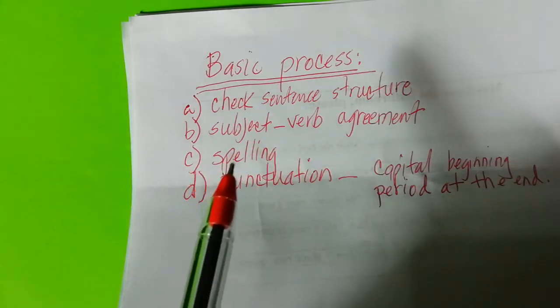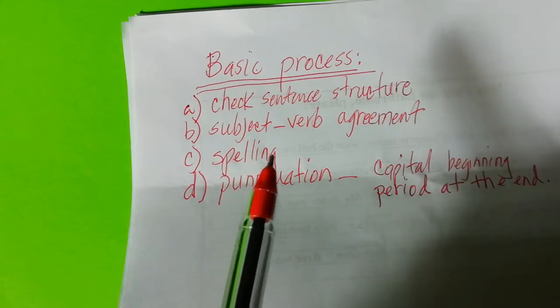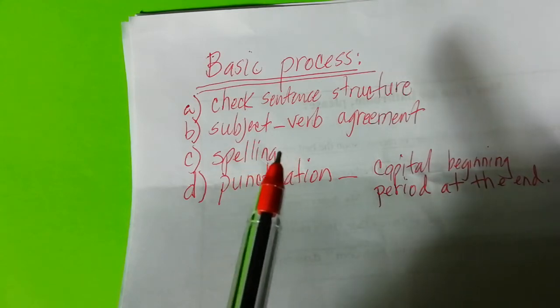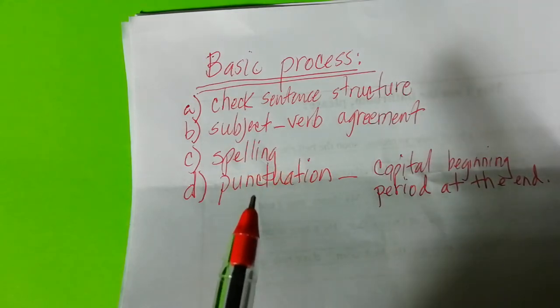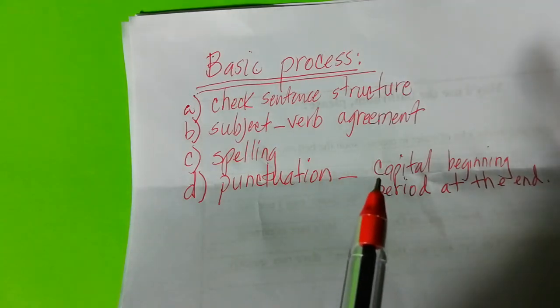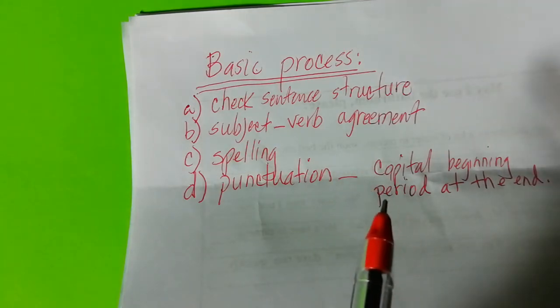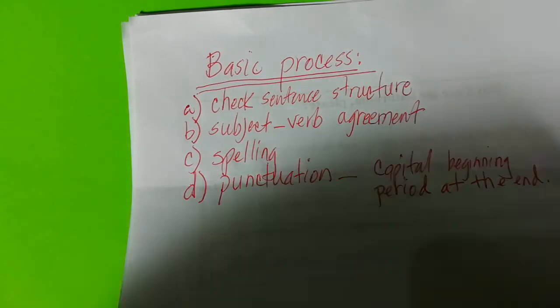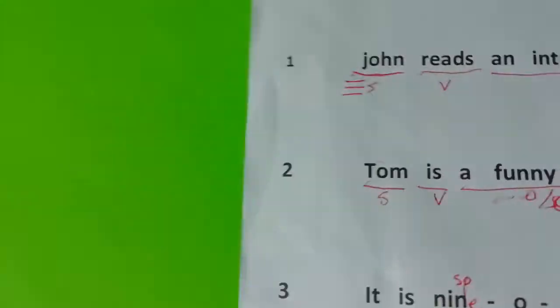Checking that the spelling is okay, that there are no words with spelling mistakes. And the basic punctuation: every sentence starts with a capital and closes with a period. So with that on hand, let us go quickly through the different examples for each one so that you can understand how to apply them.